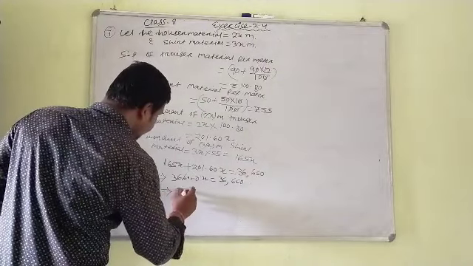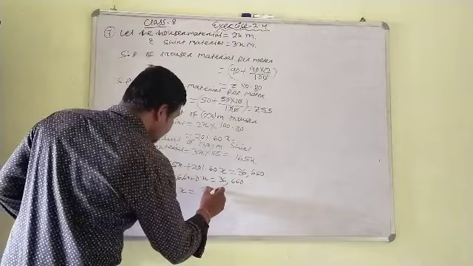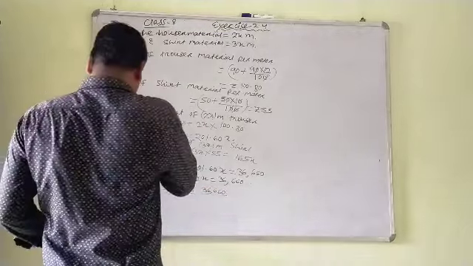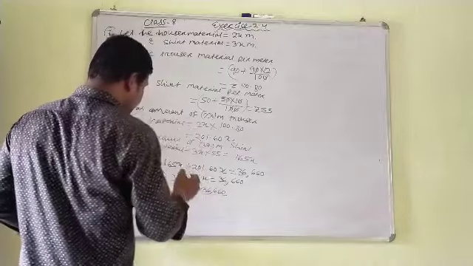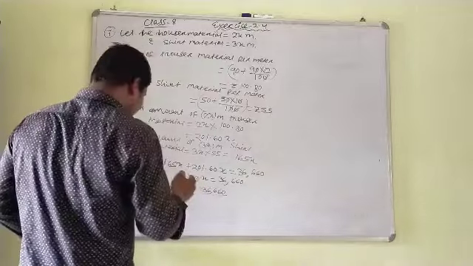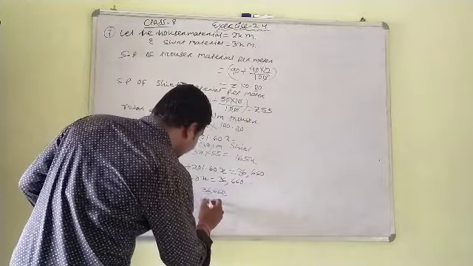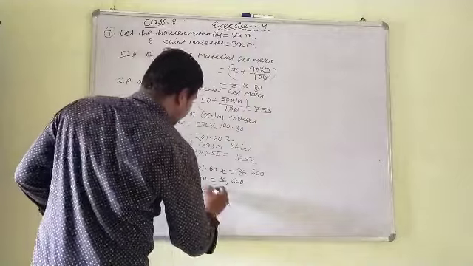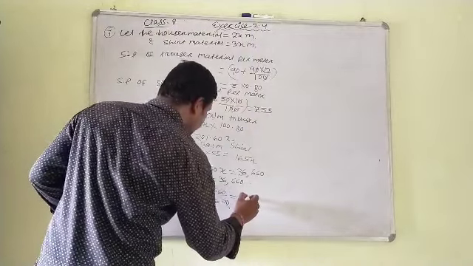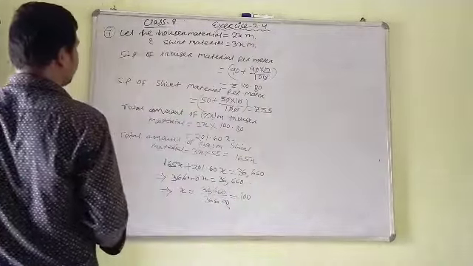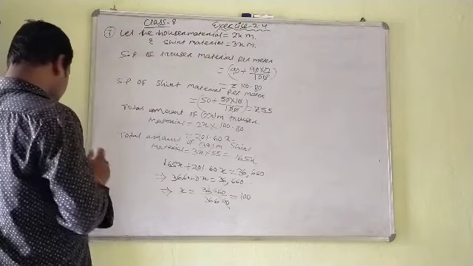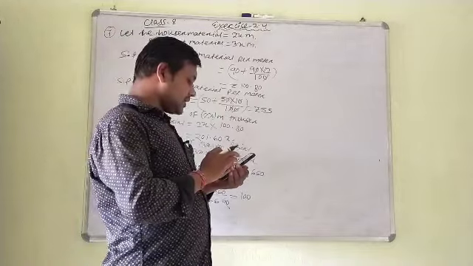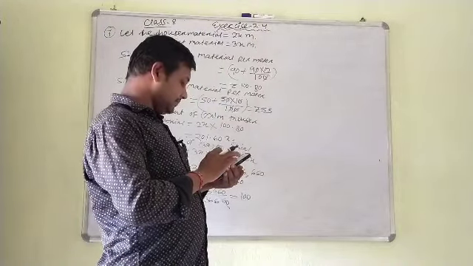Now we'll write down x equal to 36,660 divided by 366.60. After simplification, we will get x equal to 6. Okay, x equal to 6. Here given how much trouser material did he buy.